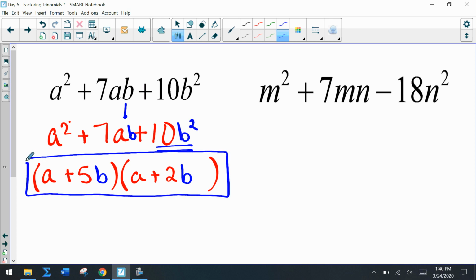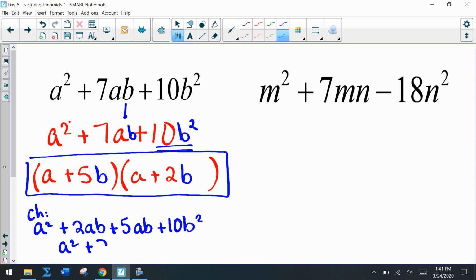So we can just pretend like that second variable is not there and then add it in at the end, because then when we re-multiply it back to check, we get a squared plus 2ab plus 5ab plus 10b squared, which gives us a squared plus 7ab plus 10b squared. And so that's our check.